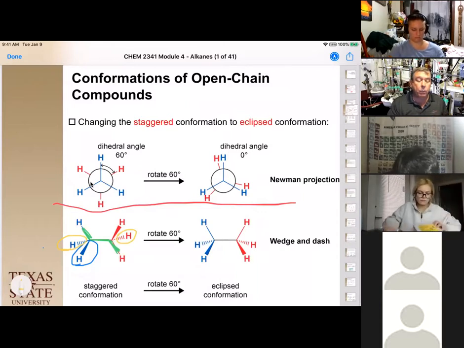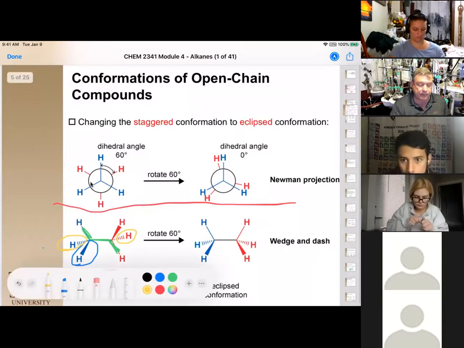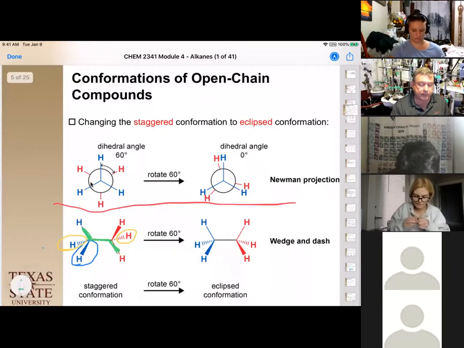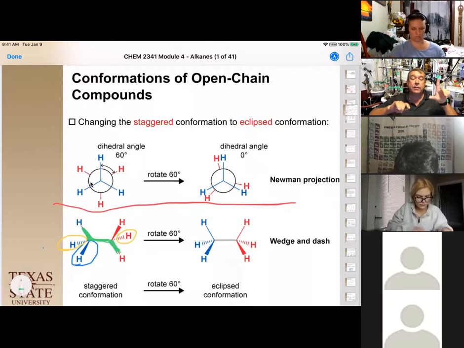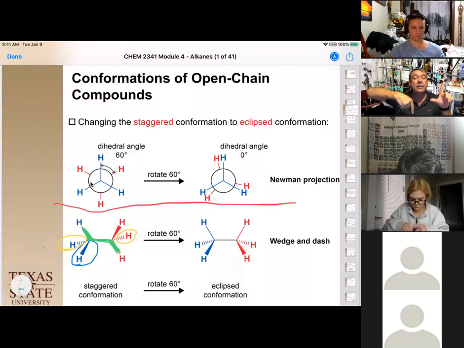Now, we can tell that we have a staggered configuration in this dashed and wedge drawing if our bonds that are in the plane of the paper make this little kind of Z structure here. That means that hydrogen is in the plane of the paper up and the other one's in the plane of the paper down, and that is our staggered configuration.